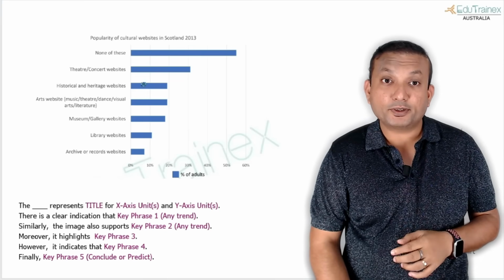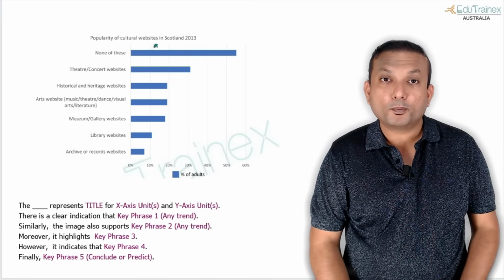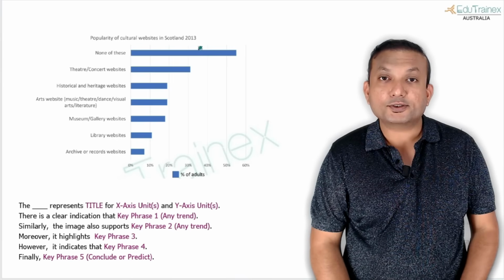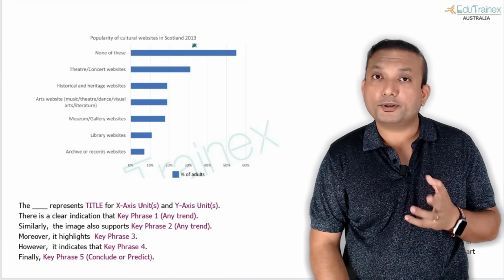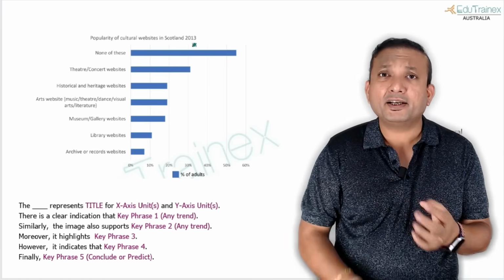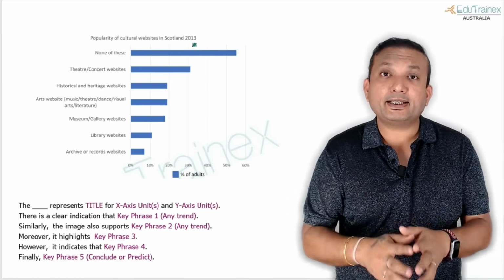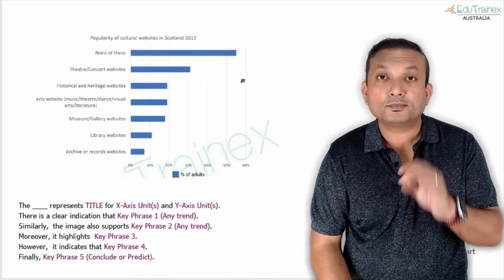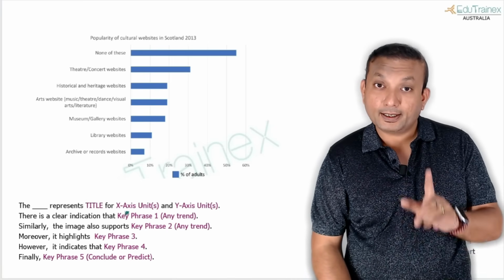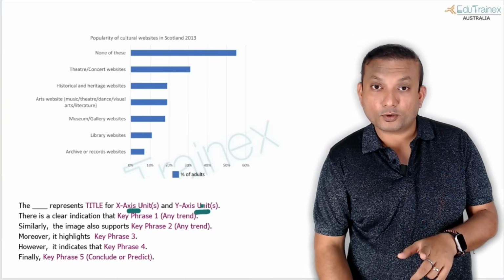So the first sentence will be: the bar graph represents popularity of cultural websites in Scotland in the year 2013. Now if you are unable to say the year 2013, just say in 2013, or just read the title, websites in Scotland 2013, and then you have to add the x-axis or y-axis.